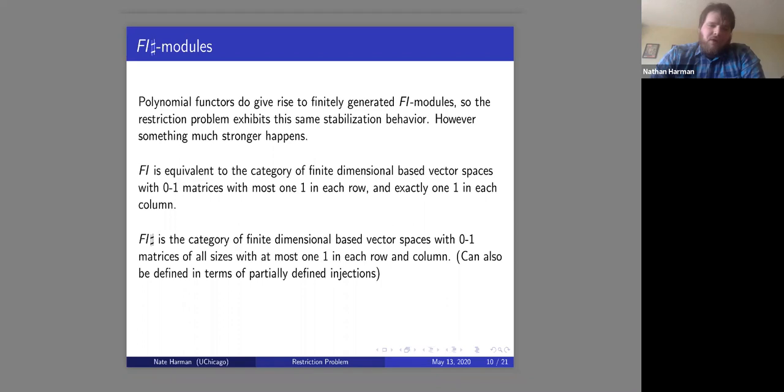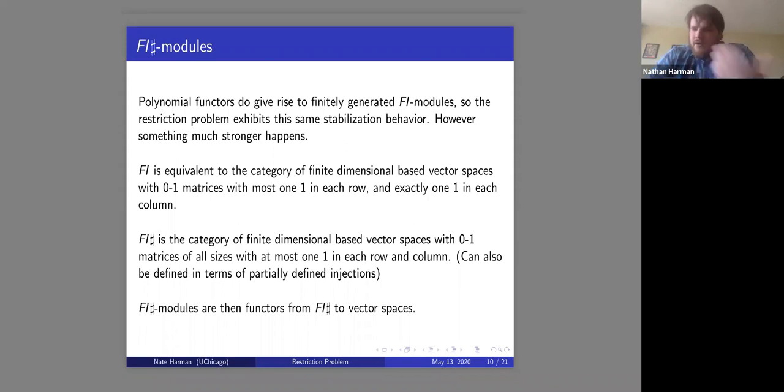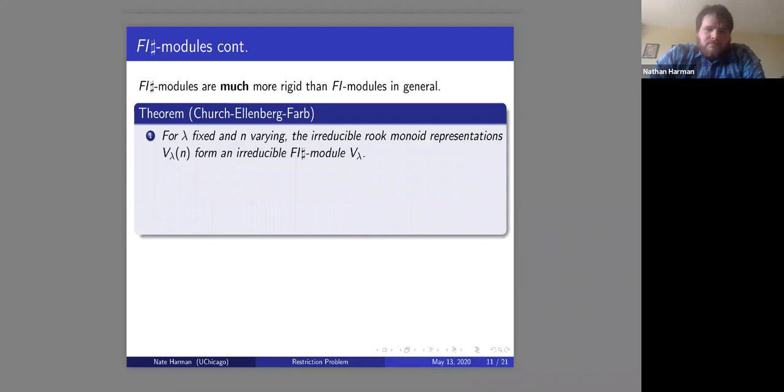We're gluing the Rook monoids together for different n. And FI sharp modules are functors from FI sharp to vector spaces. So in particular, an FI sharp module gives us a representation of the Rook monoid for every n. And why I want to stress this is that these are way more rigid than FI modules.